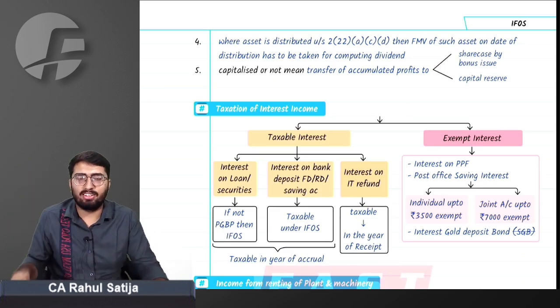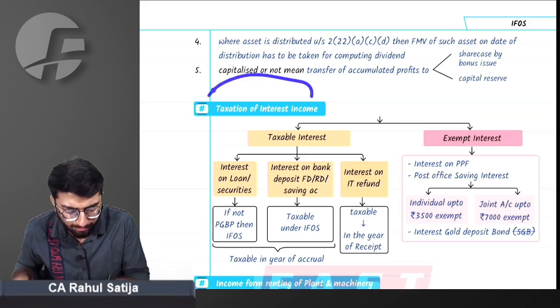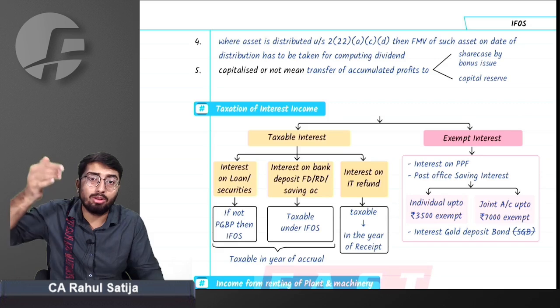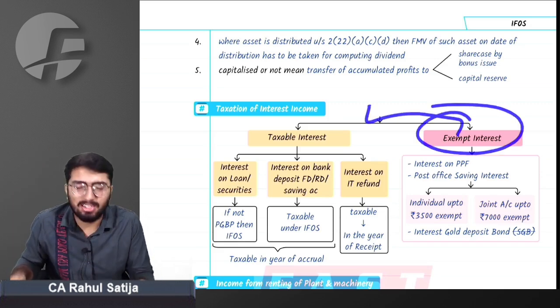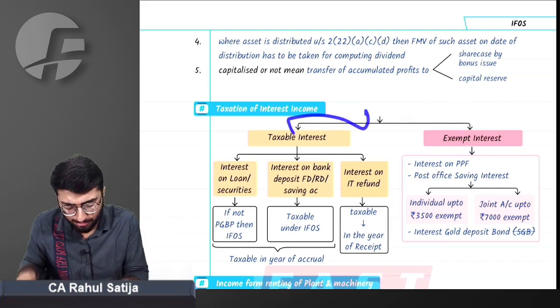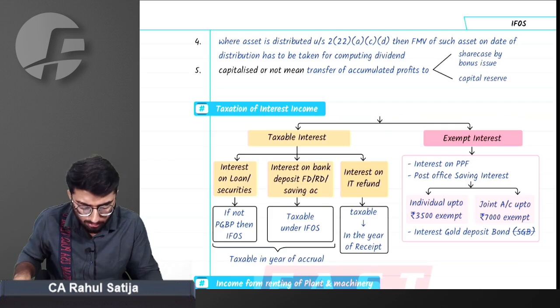Okay, so taxation of interest income. Whenever we are studying taxation of interest income under income from other sources, we have to understand what type of income we are receiving. If income is exempt, then it will not be taxable, and if it is taxable, then you have to consider when to tax it.